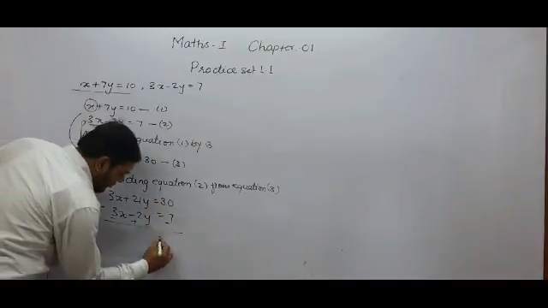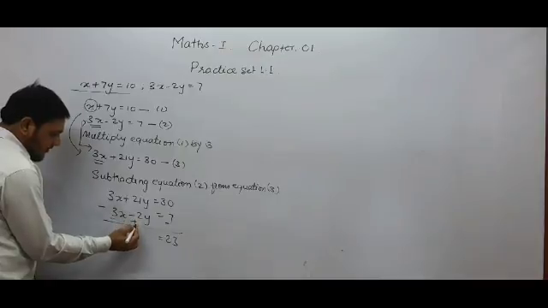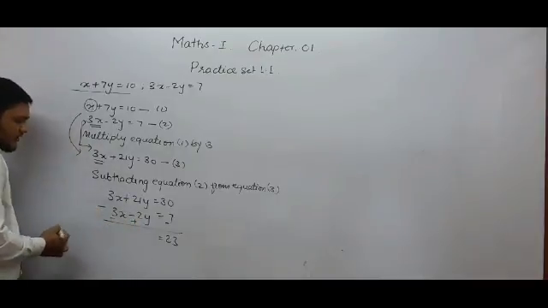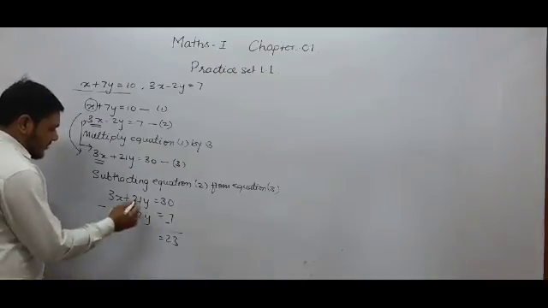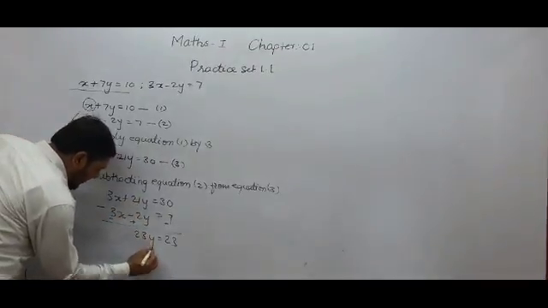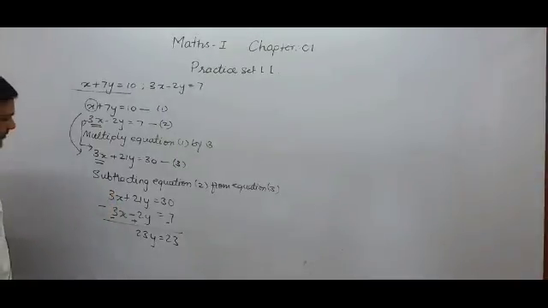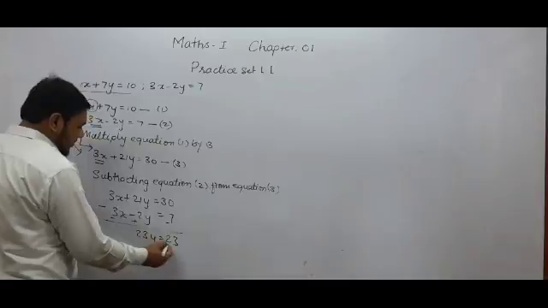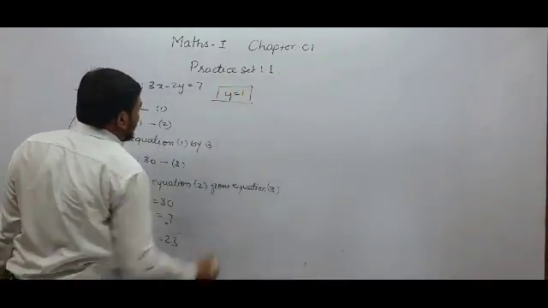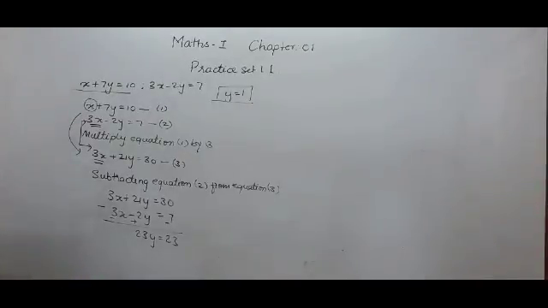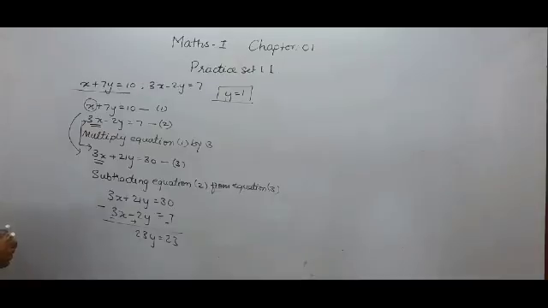So 30 minus 7, you all know, is 23, and 21y plus 2y, because the negative sign is applied to all the terms of the second equation, so 21 plus 2 will be 23y, and the positive 3x and negative 3x will be eliminated. So students, you know 23y equal to 23, so y will be equal to 1. In order to get the value of y, we will divide 23 by 23. This will go to the RHS in division. So we got the value of y here.